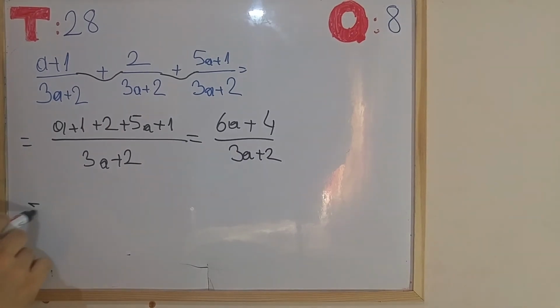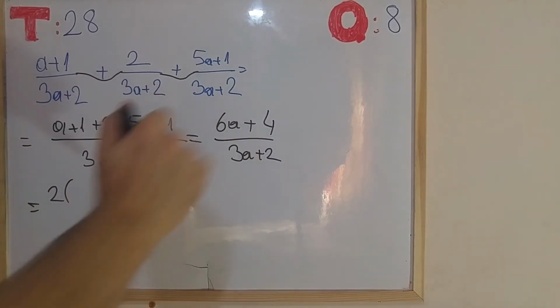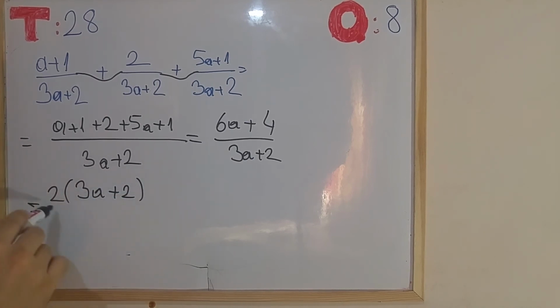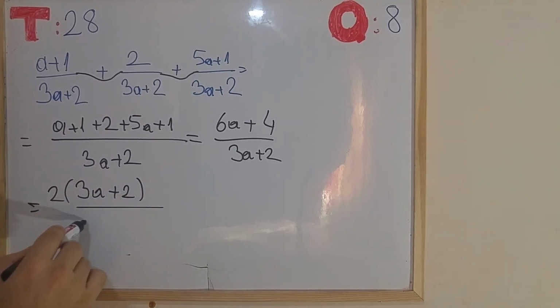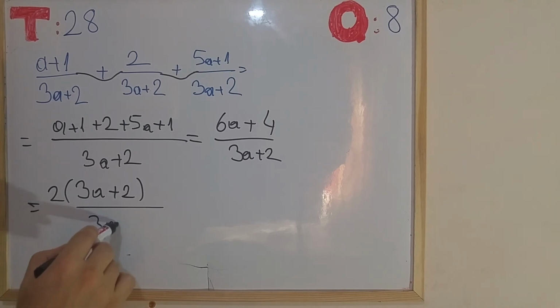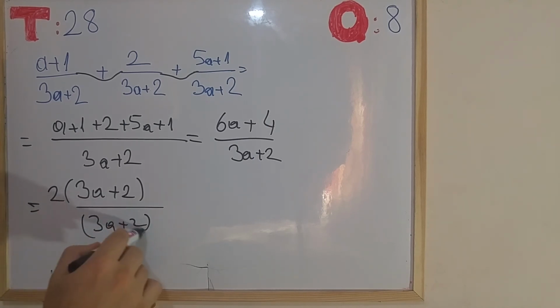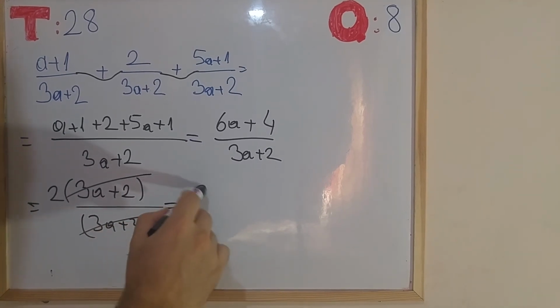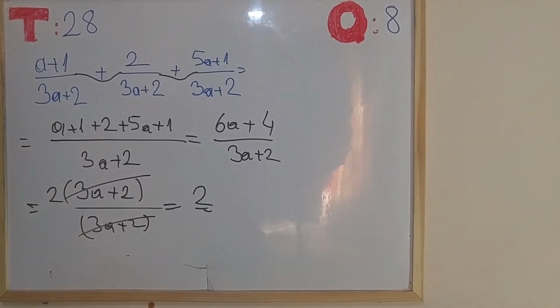And when I take this into the parentheses of 2, what I have is 3a plus 2 here. And I already have another 3a plus 2 in the denominator, so these 3a plus 2's will cancel each other out, and my answer is going to be 2.